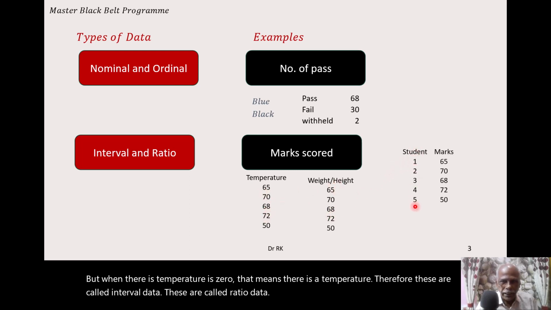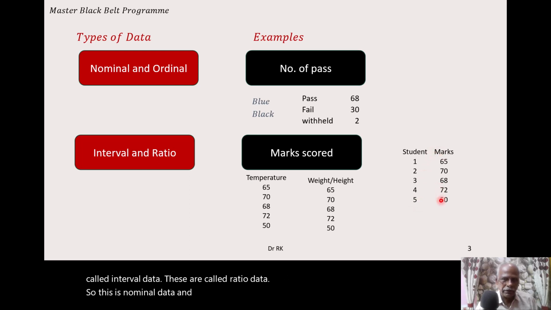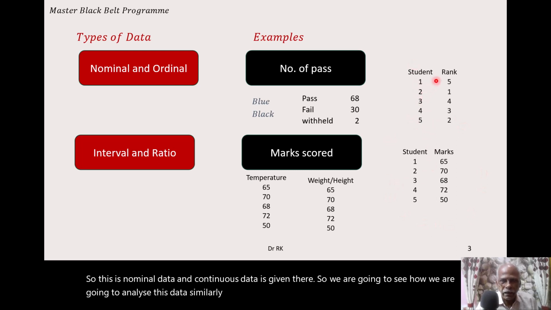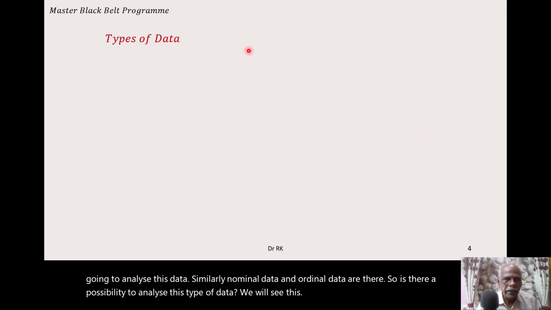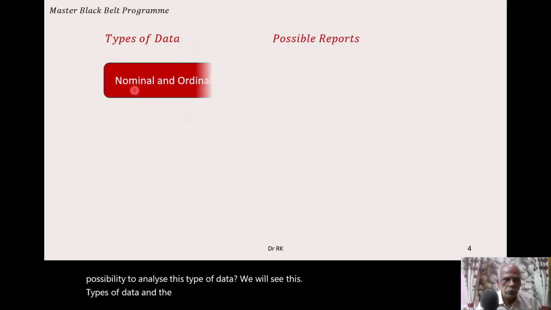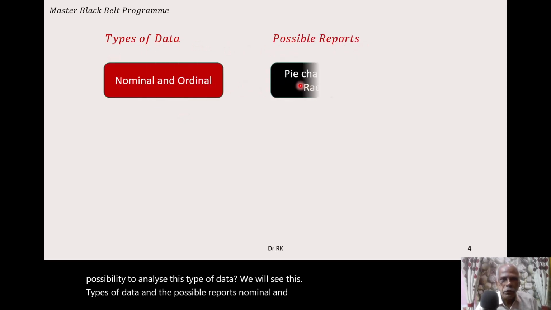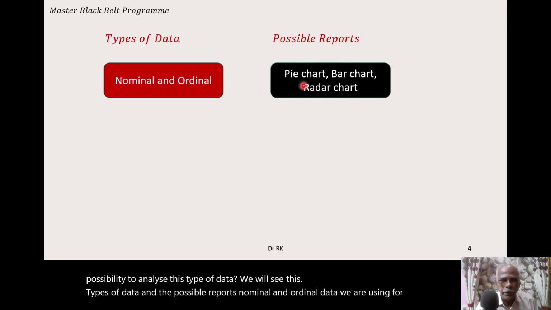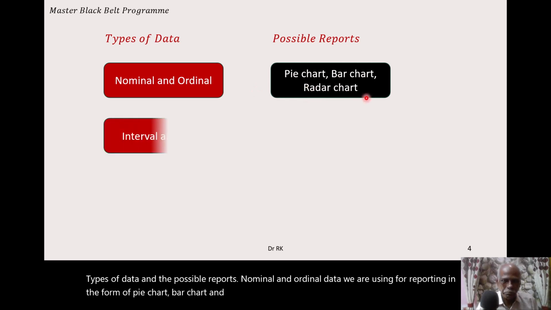So, this is nominal data and continuous data is given there. We are going to see how we are going to analyze this data. Similarly, nominal data and ordinal data are there. Is there a possibility to analyze this type of data? We will see this. Types of data and the possible reports. Nominal and ordinal data we use for reporting in the form of pie chart, bar chart and radar chart.